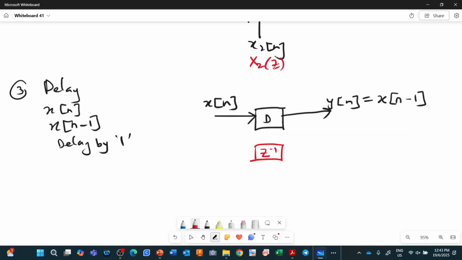So the block becomes X(z), Y(z), and Y(z) is represented as z to the power of minus 1 times X(z). This is basically what you did when you referred to the Z transform table.